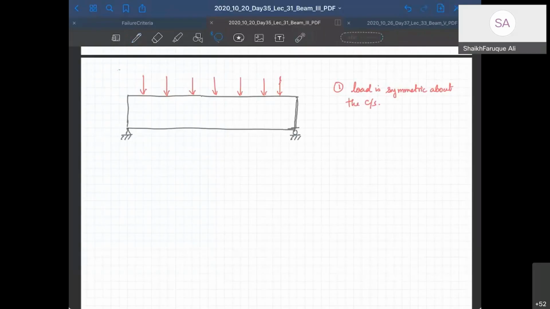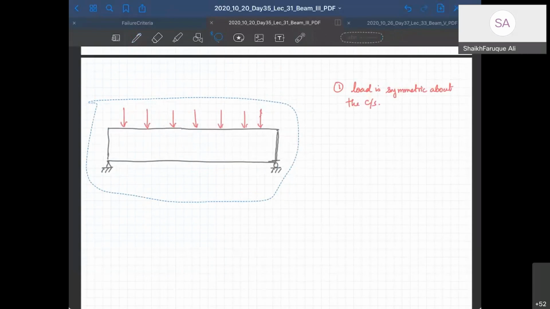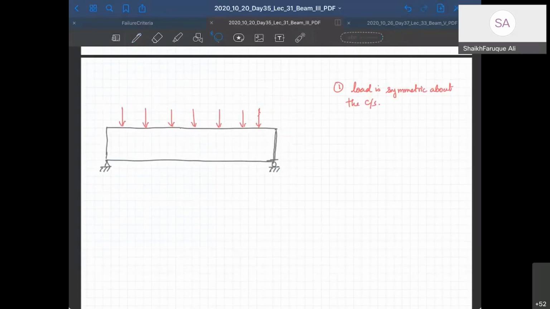Which means if I have the cross section of the beam like this, and this is my Y, this is my Z, then your load is here, symmetric to Y. So it is not creating any twist.